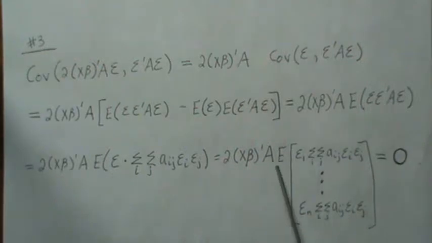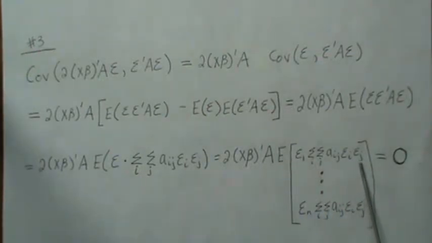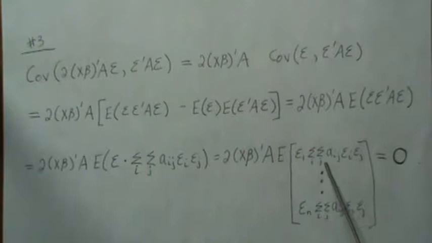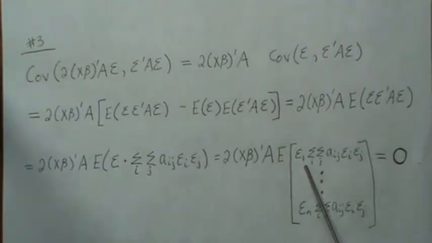So now when we take the expected value of this, we take the expected value of each element. And this is a vector. So when the i and j are not equal, then they're all independent, so each one of those expected values is 0. So now let's say that i and j are equal, but not equal to 1.